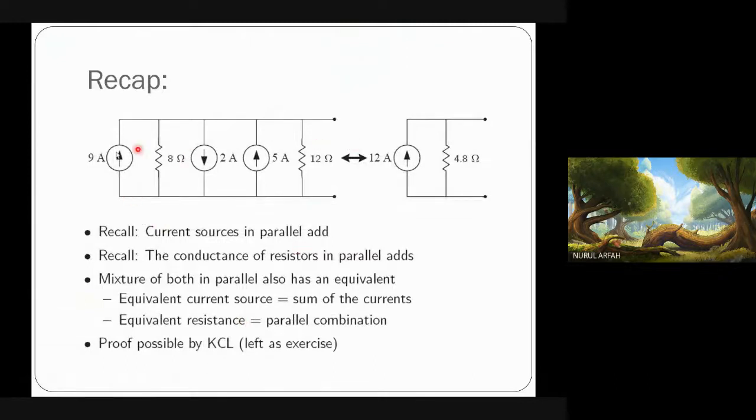Okay, what about this one? Current in parallel. What should you do? Current in parallel. How? If you consider going up is a plus, then going down is minus, then what is the total or equivalent current value?